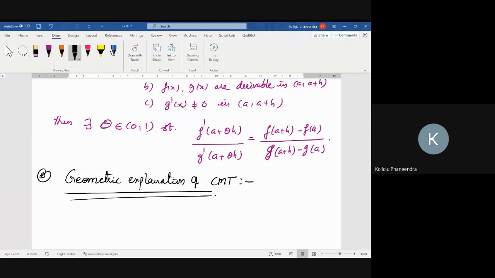Okay, this is the assignment for Nagakshita. You are there? Yes, sir. Hello? Yes, sir. In the next class you explain the geometric explanation of the Cauchy mean value theorem. Okay, sir.